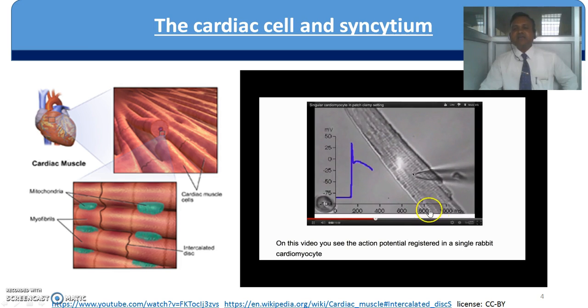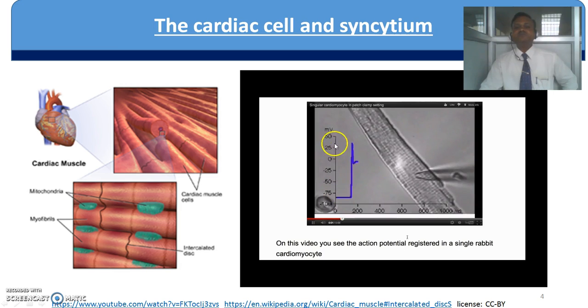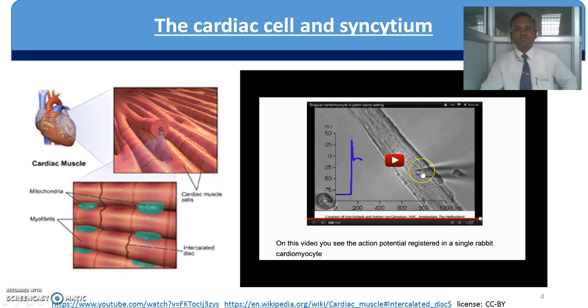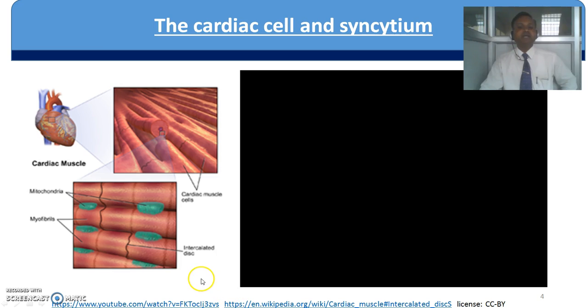In this single cardiac muscle cell, it is automatically beating, and there is change in electrical potential when it is beating. This curve shows how electrical potential changes from around minus 90 to plus 20. This is how even a single cardiomyocyte acts, and the same is the behavior of the whole heart. This explains how nicely the heart muscle cells show the properties of automaticity, rhythmicity, and refractory period.